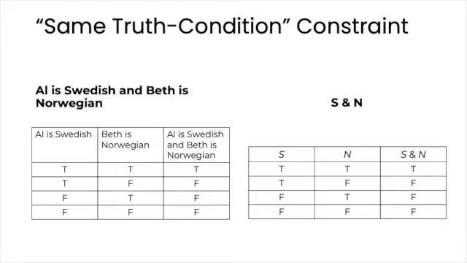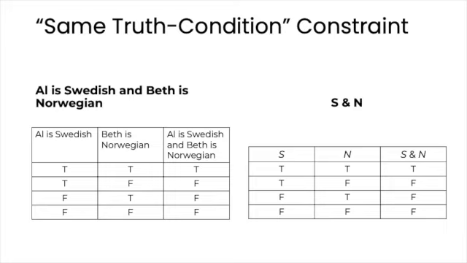Both are true whenever Al is indeed Swedish and Beth is indeed Norwegian. Both would be false if at least one of their conjuncts is false, say if Al were Finnish or if Beth were Danish or both. So S ampersand N is a correct symbolization of our original English sentence, since both are true in the same situations. So this is going to be the main constraint on our symbolizations.